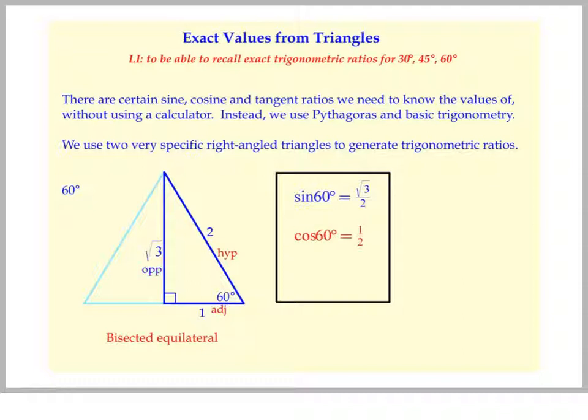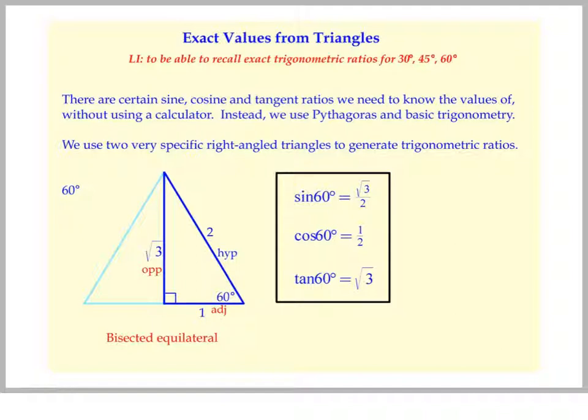Cos 60 is adjacent over hypotenuse, which is 1 over 2, or half. And tan 60 is going to be opposite over adjacent, root 3 over 1, or just simplified down to root 3.